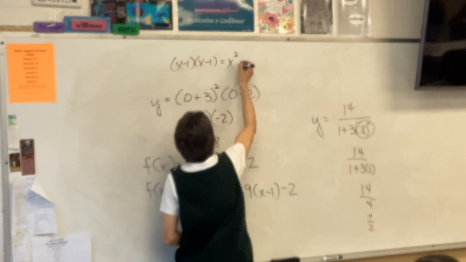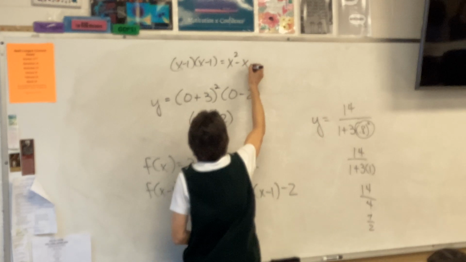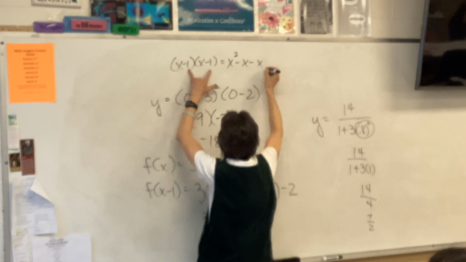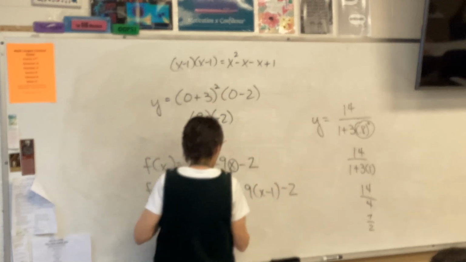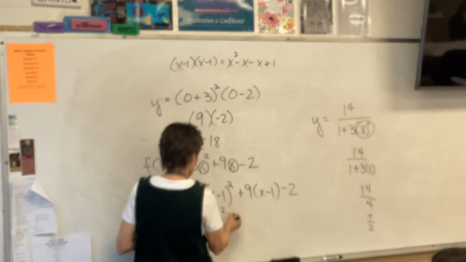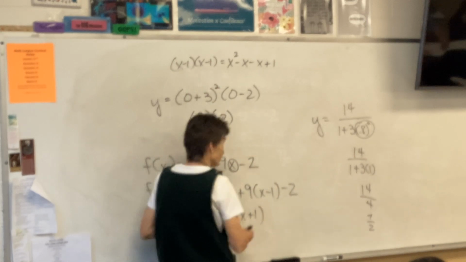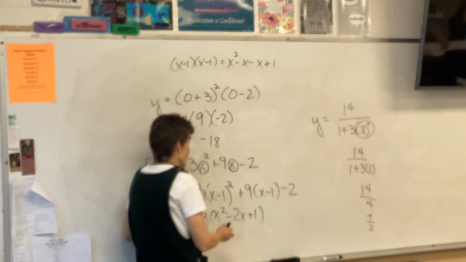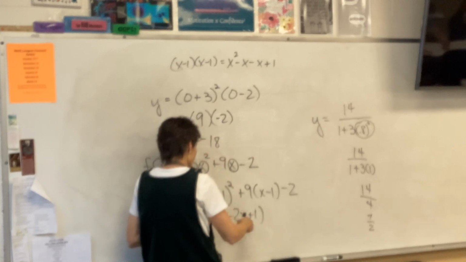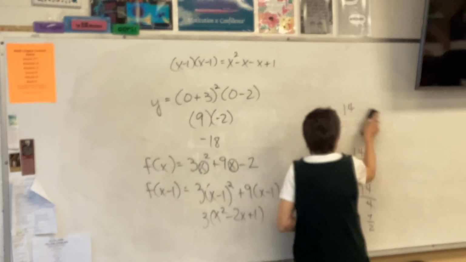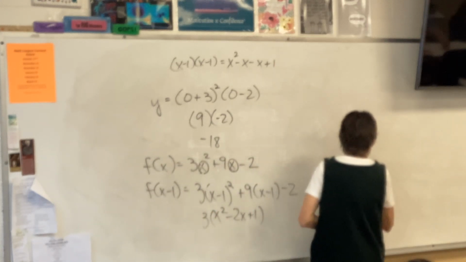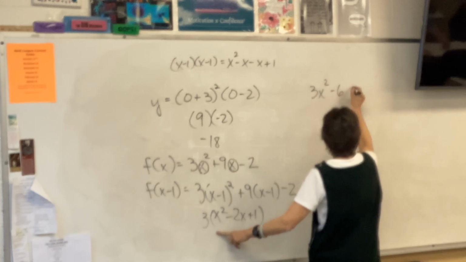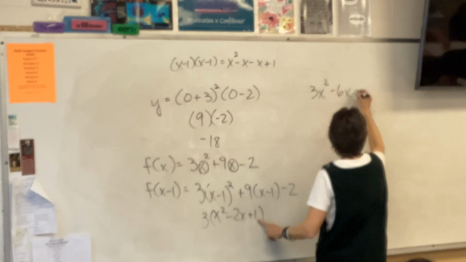X squared minus x minus x plus 1. So that is x squared minus 2x plus 1. And I still need to distribute that 3, so if I do that, I'll have 3x squared minus 6x plus 3.